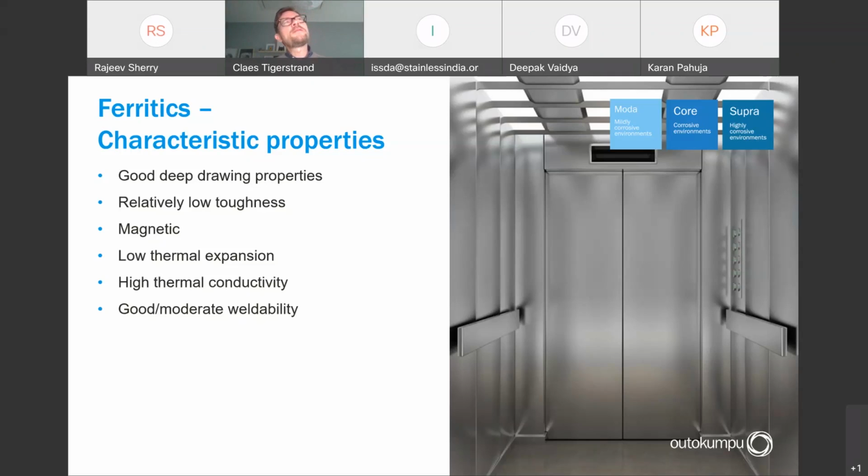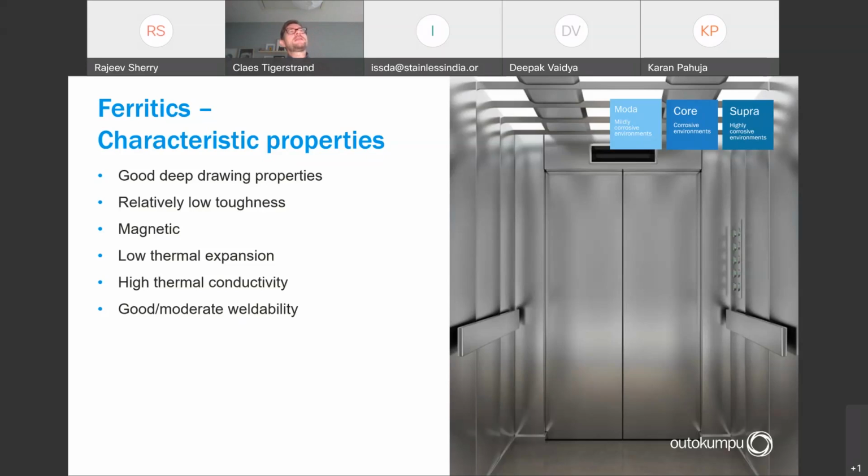With the ferritic structure comes a relatively low toughness. The ferritic structure means that you will have a transition from ductile to brittle behavior somewhere just below sub-zero temperature. So that needs to be considered.